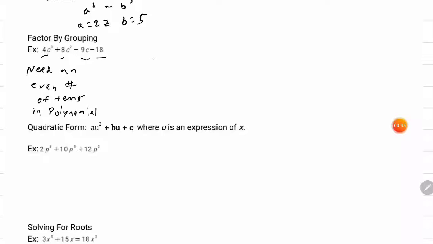So I got 4c cubed plus 8c squared, and I'm just going to look at that. And then we have minus 9c minus 18, and then I'm going to look at that. I'm not multiplying here. I'm just kind of separating them. Out of this first group, I'm going to pull out 4c squared.